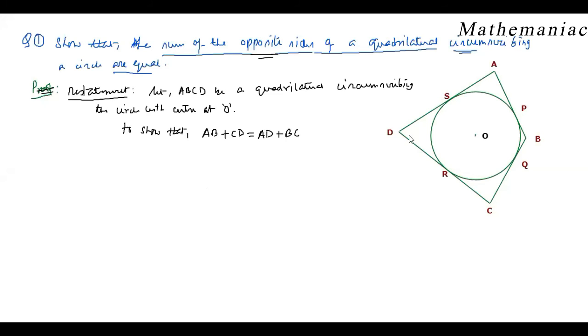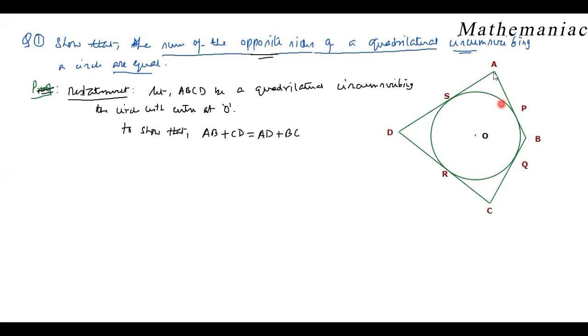So now we'll proceed to prove it. We are going to use the second theorem. Let us start with the point A. From A, you can consider circumscribing. What does it actually mean? The quadrilateral is circumscribing the circle, meaning the circle is drawn inside the quadrilateral in such a way that it touches all four sides.